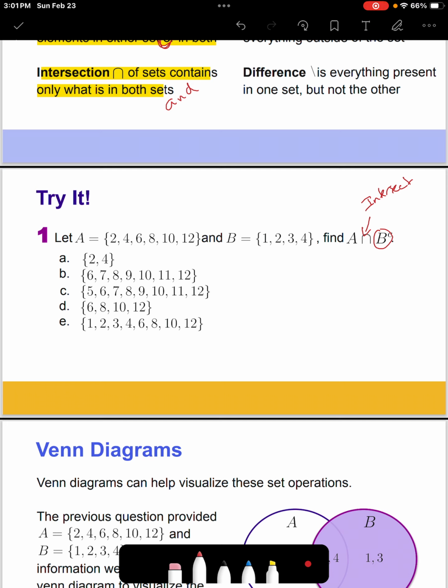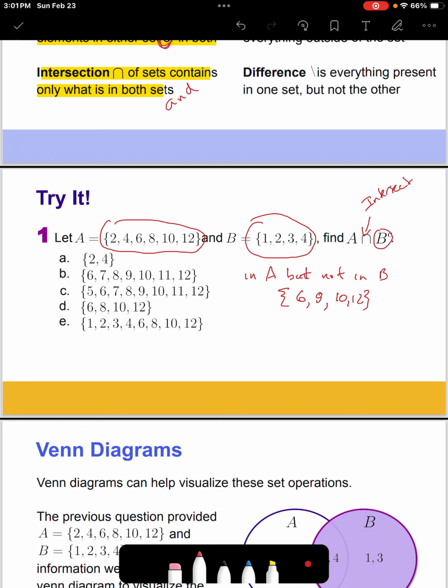Assuming the universal set is at least all numbers in A, we focus on numbers in A that are not in B. So A we know is this one, and this is B. The elements in A but not in B are the following: 6, 8, 10, and 12.